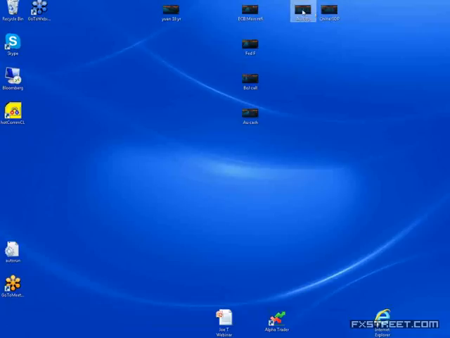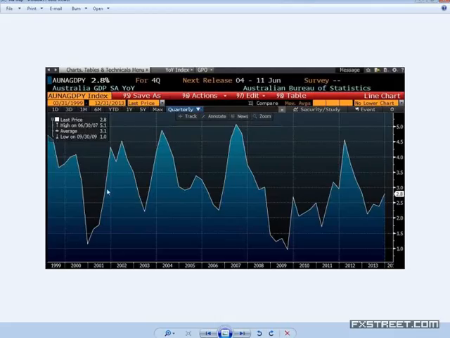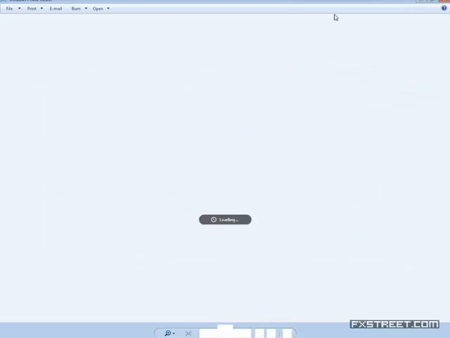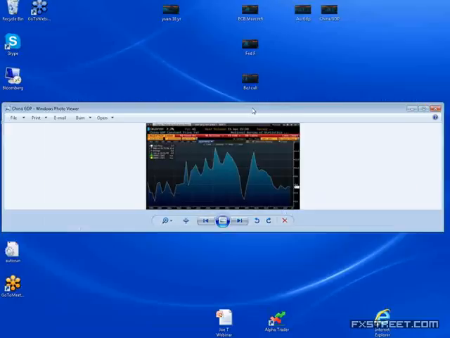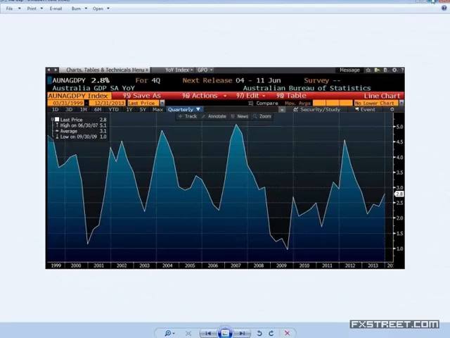Let's look at the Australian GDP. Okay, this goes back to 99. This is a quarterly, yearly, year on year. Okay, now let's look at China. See if we can get two on the same page here, so we have a better sense of what we're talking about.